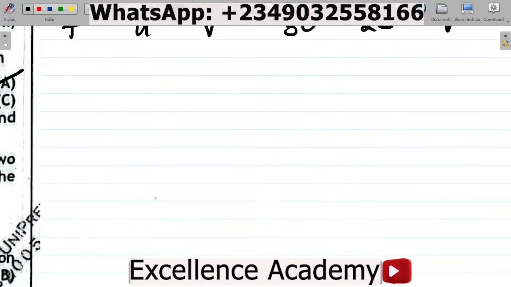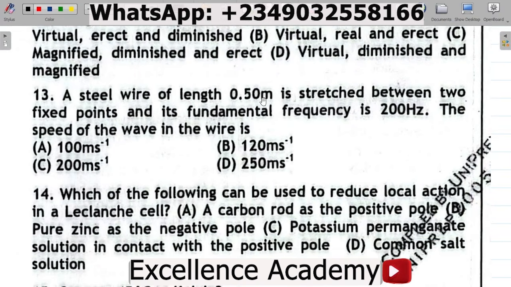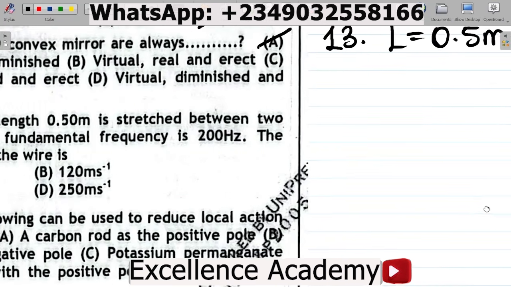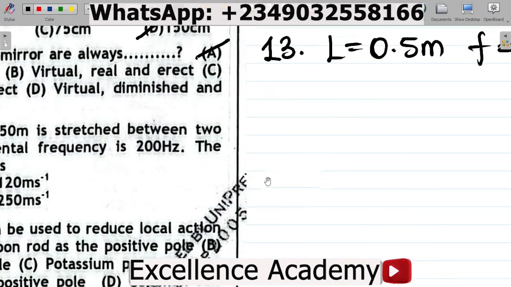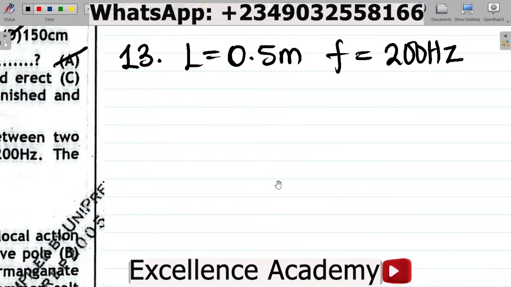First things first, for question number 13, we want to list out the parameters we have. They give us length as 0.5 meters and frequency as 200 hertz. So length L is equal to 0.5 meters, frequency F is 200 hertz. And we are asked to find the speed of the wave. So how do we find the speed of the wave?